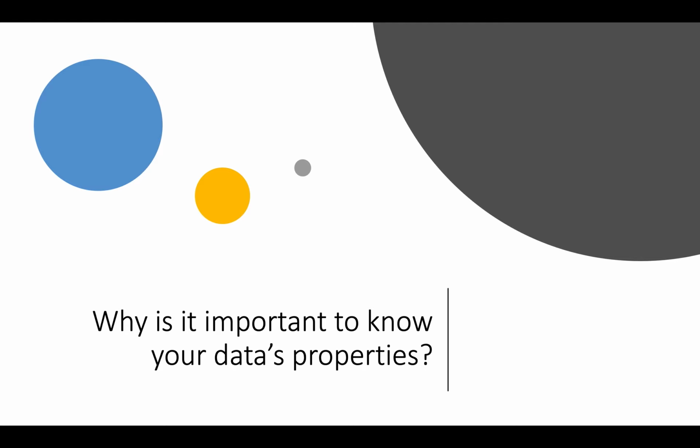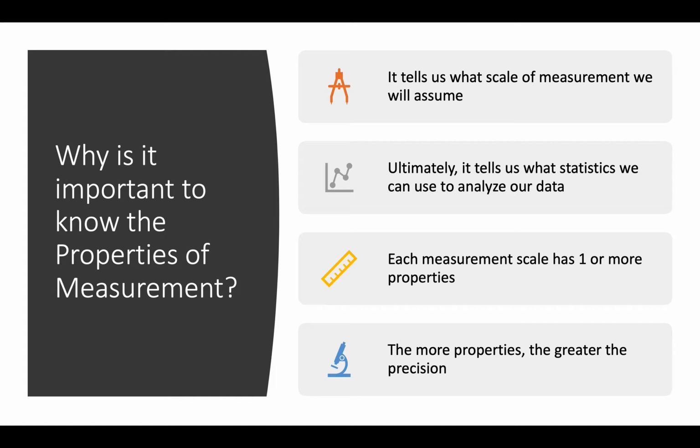Those are the 4 properties of measurement, and they're very important for several different reasons. So can you think of some reasons that it's important to know your data's property in terms of your research? Well, knowing the properties of our data informs us on several different things.